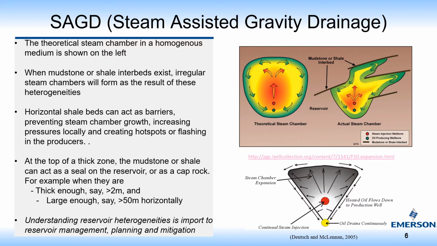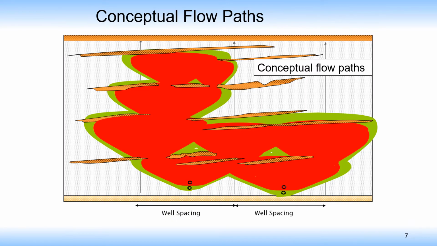So to have this communication, we do need the producer to be in the pay zone. And so we also want to evaluate the top, the cap rock, see if it's thick enough and large enough for what its impact is on the steam. So understanding reservoir heterogeneities is key.